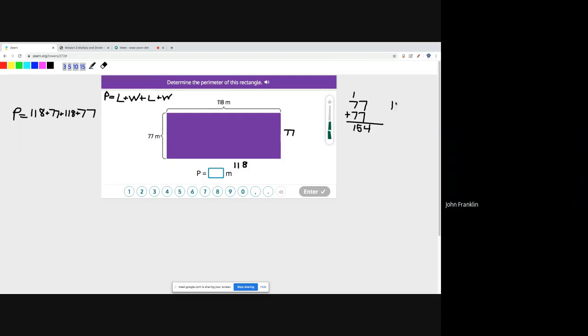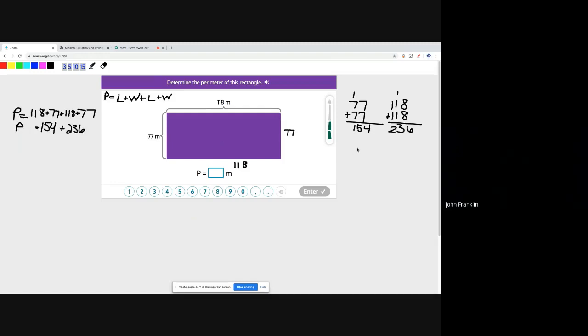And then we'll do 118 plus 118, which is 236. Okay, so we now have 154 plus 236 equals the perimeter.